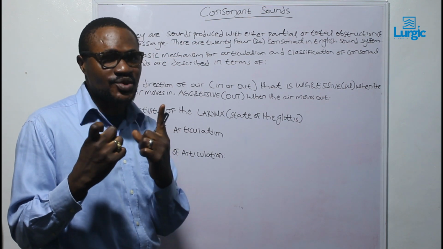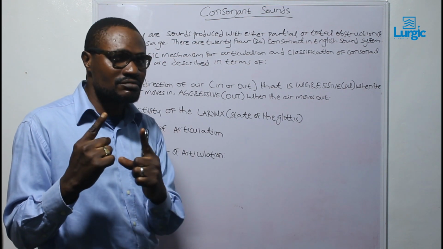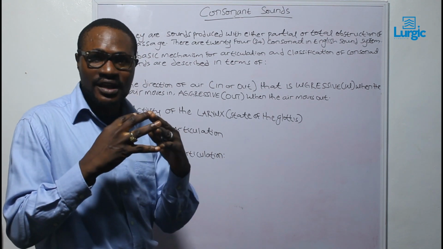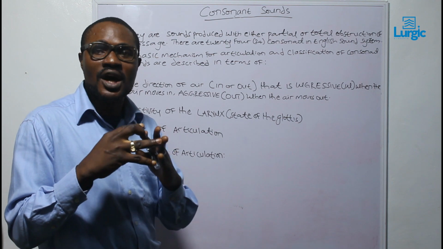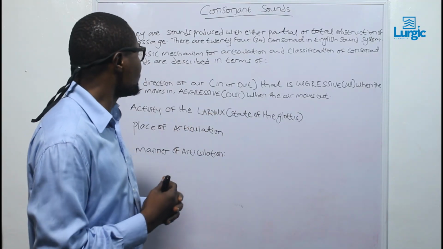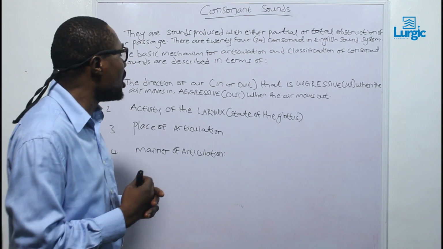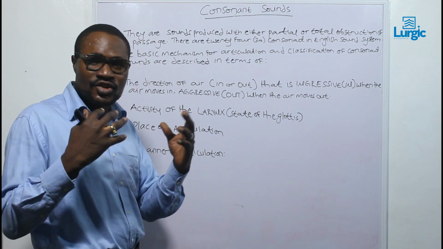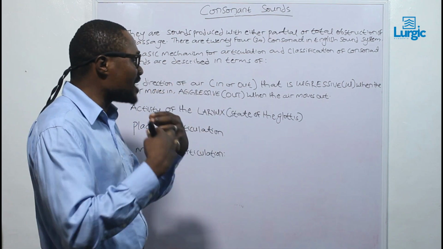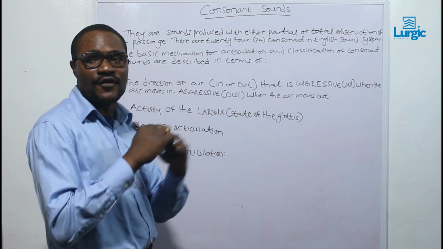In most cases, we do not have such sounds in the English language. You often find them in the Zulu language or the Chinese language. But in most cases, the English sound is more of the egressive sound, which has to do with the outflow of air.